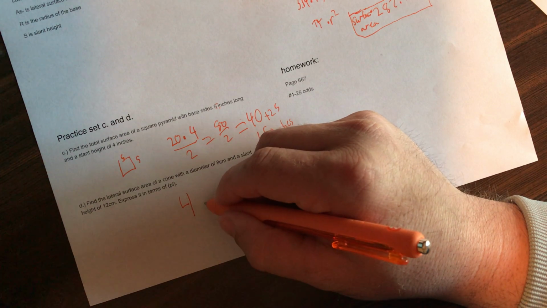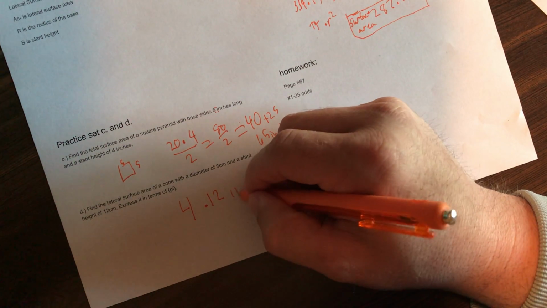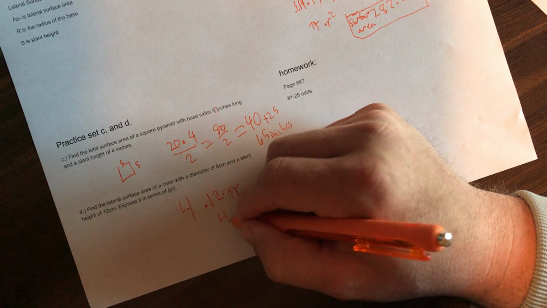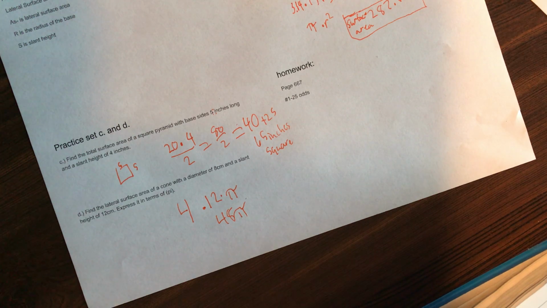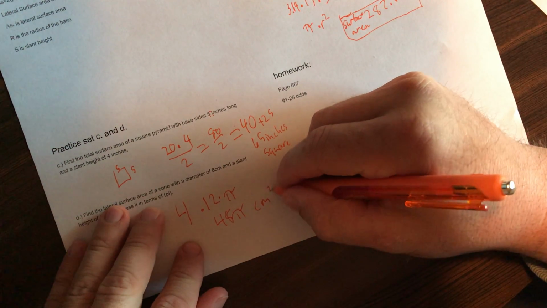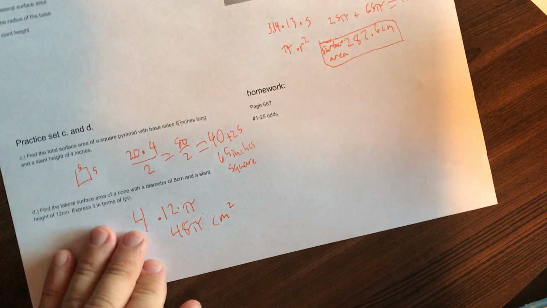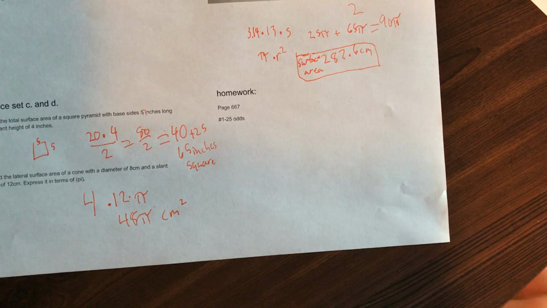You take that 4 times 12 times pi, so you get 48 pi centimeters squared. Okay. Sorry about that a little bit. I did mess up a couple times there.